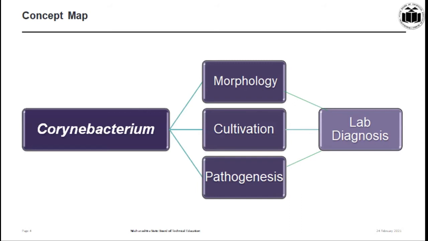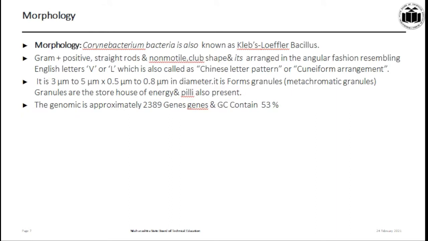So stepwise, first let's discuss the morphology of Corynebacteria. When we look at the morphology, Corynebacteria looks like a Chinese letter pattern, a cuneiform arrangement is seen.